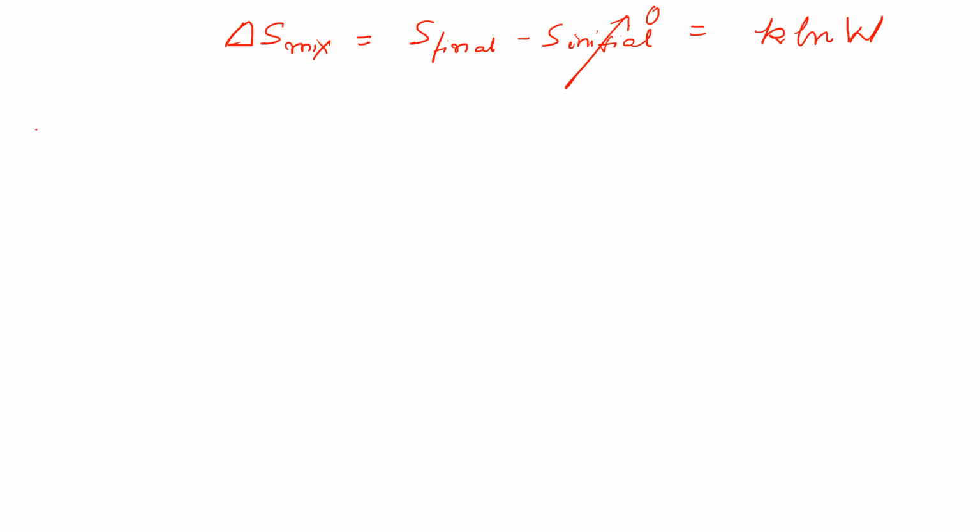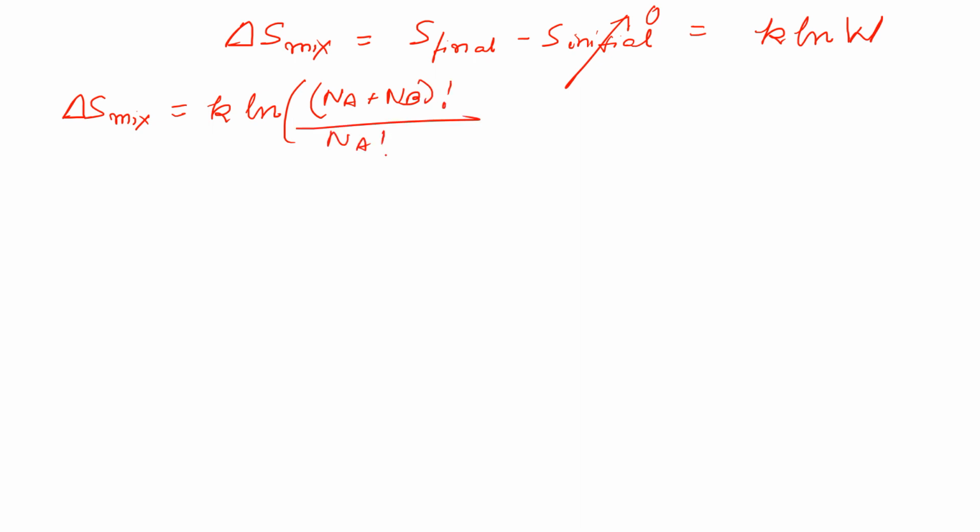So upon expanding, we get this. Since we know ln A by B can be written as ln A minus ln B, we can write the same as this.